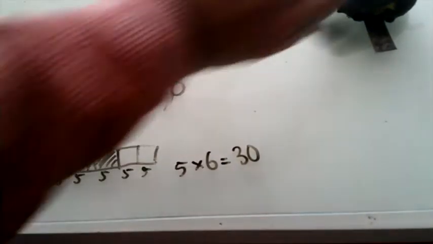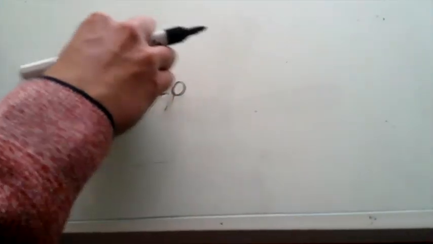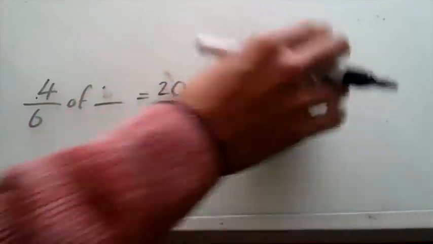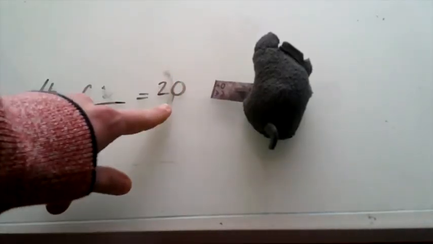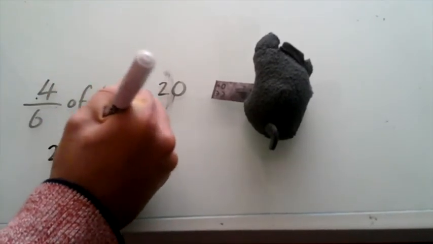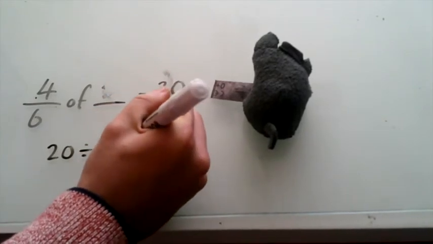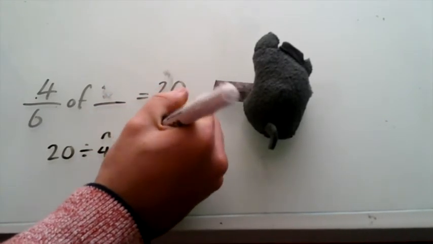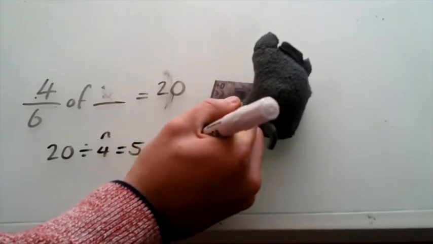So if I was to get rid of the bar model, to work out this without a bar model, we do 20 divided by the numerator, which was 4, times by the denominator, which was 6.